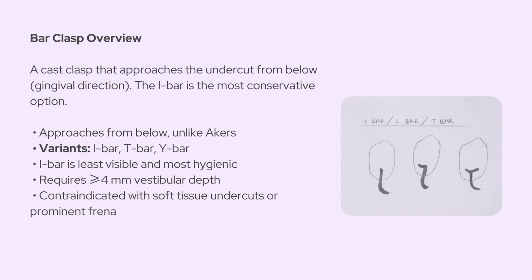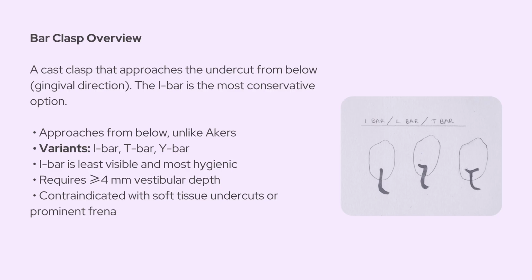One of the most common and most effective options is the bar clasp. It's a cast component that approaches the undercut from below, from the gingival direction, unlike the conventional Akers clasp that swings in from above. You might see variations like the I bar, T bar, or Y bar, but the I bar tends to be the most conservative and the least visible.